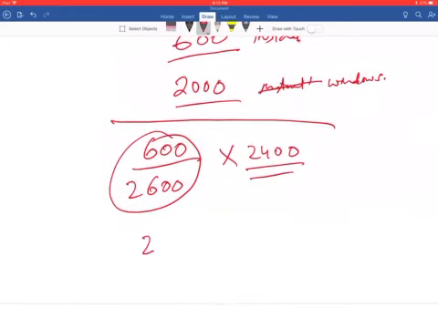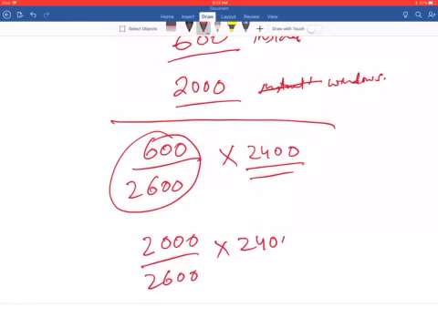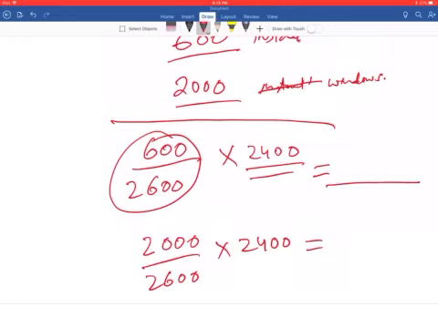Do the same for windows: $2,000 divided by $2,600 multiplied by $2,400. This will give you the allocation for installation, and this will give you the allocation of the transaction price for the windows.